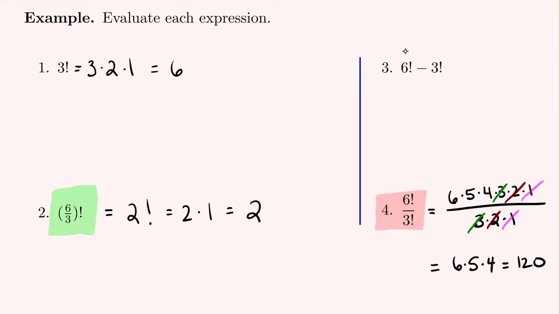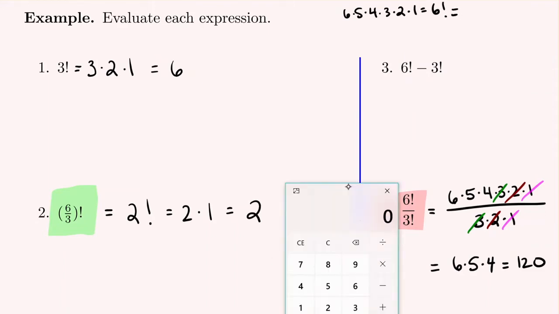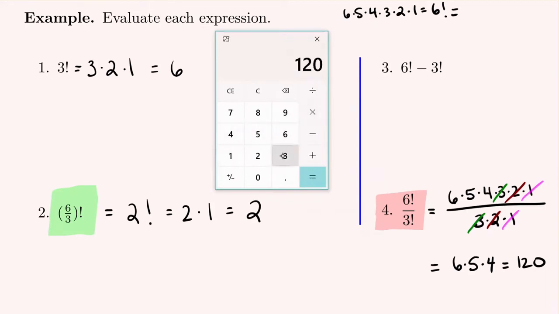Now in our final example, it says take 6 factorial and then subtract 3 factorial. So in order to do this, I must calculate 6 factorial first. Calculate 3 factorial, we already know 3 factorial is 6. So let's off to the side calculate 6 factorial. And we get 720. Here might be a helpful hint. Notice when I write out 6 factorial, the last 5 terms are really 5 factorial.